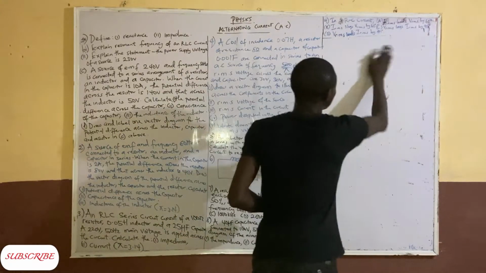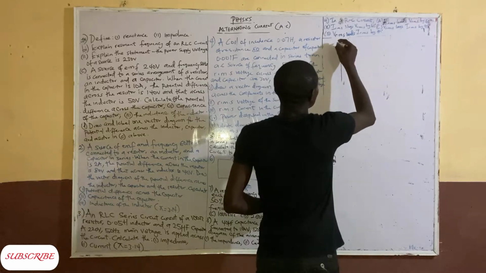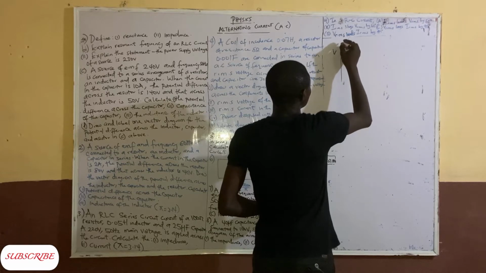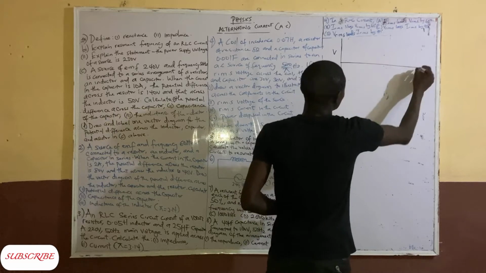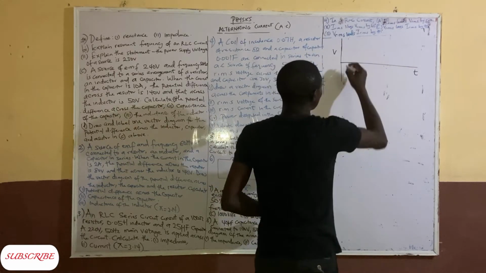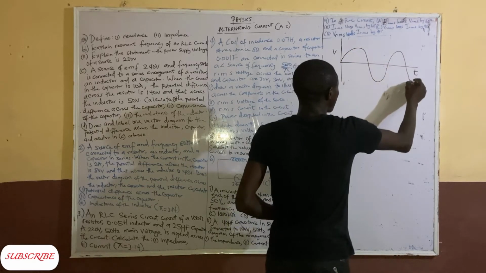So if I want to represent it graphically, I will have both my current and my voltage. Now, if I have my graph of V against T, the voltage varies sinusoidally.